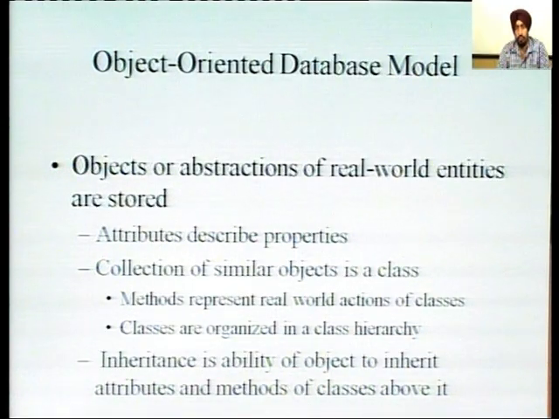Attributes describe properties. A collection of similar objects is a class. Methods represent real world actions of classes. Classes are organized in a class hierarchy. Inheritance is the ability of an object to inherit attributes and methods of the class above it.